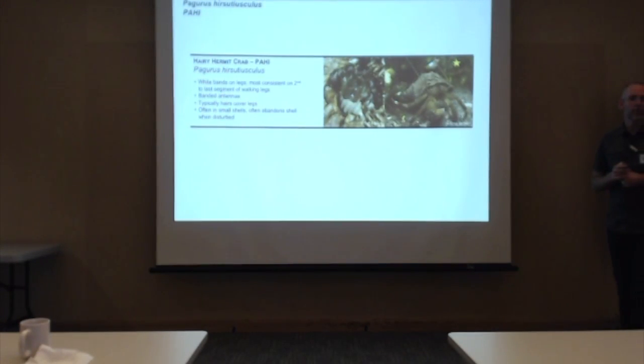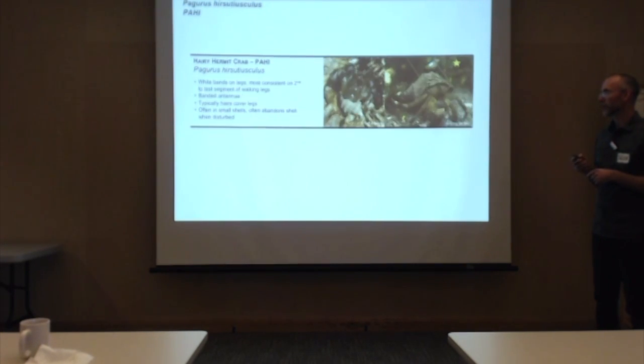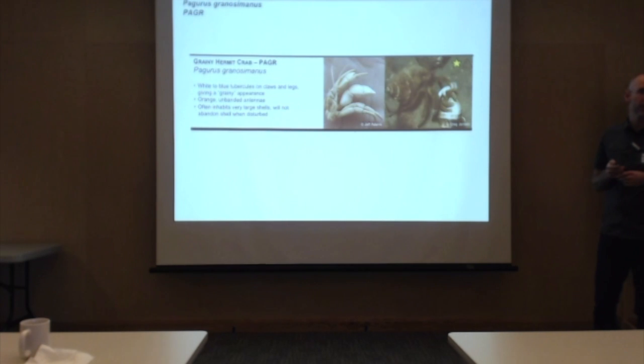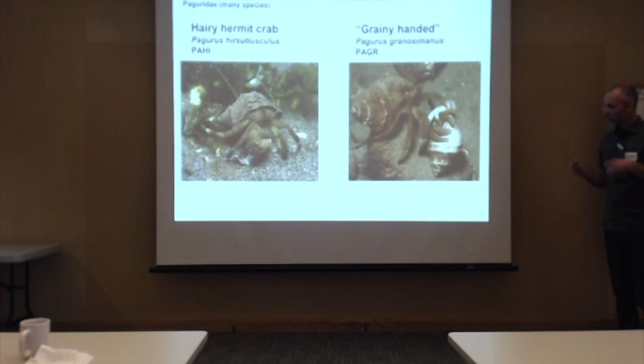Move on to the hermit crabs, because the hermit crabs, actually we do encounter these guys in our traps on occasion. The two that we come across are the hairy hermit crab and the grainy-handed hermit crab. Here they are side by side. We call the hairy hermit crab a hairy hermit crab because it's got hairy legs.